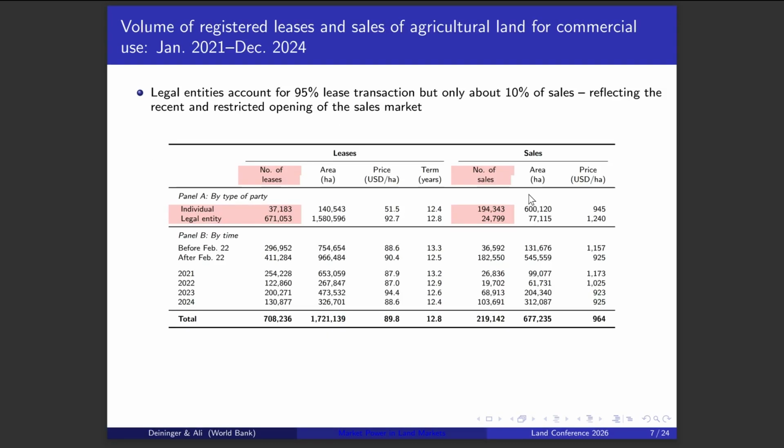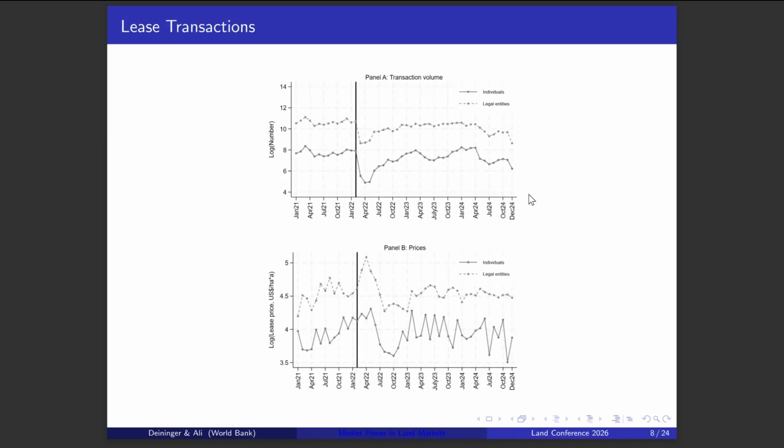So descriptive statistics tell us a clear story. Legal entities account for about 90% of leases, whereas only 10% of sales. I think this reflects the relatively new opening of the sales market for legal entities. This shows the dynamics of the volume of lease transactions.